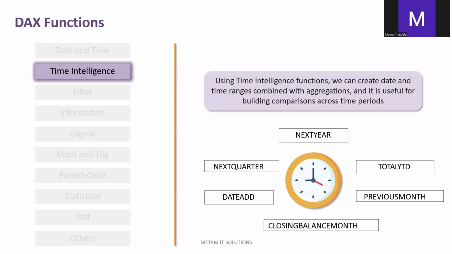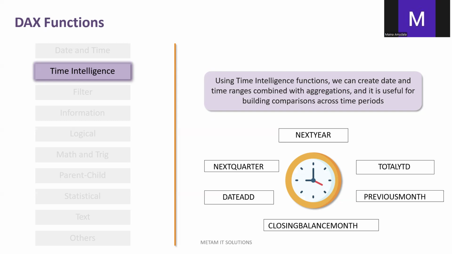The next one is time intelligence functions. We can create time and date ranges combined with aggregate functions, and it is useful for building comparisons across time periods. So here we are using time as well as date, and between using time and date we can calculate different types of functions. If you want to talk about the next year, for any type of data, you can use the next year function.